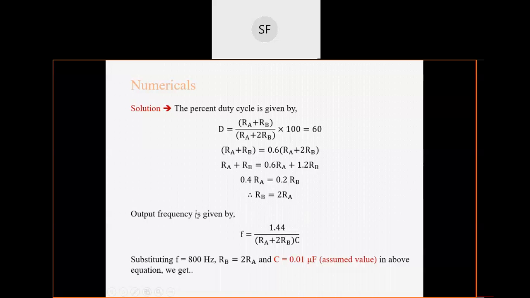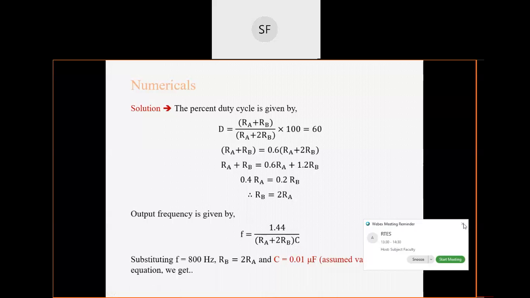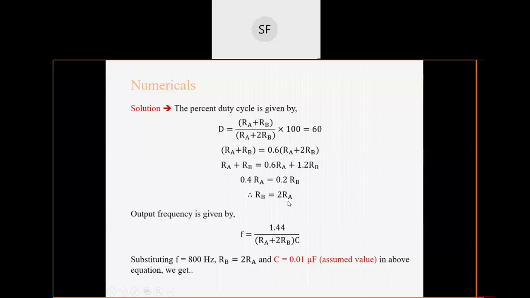Now we know the output frequency formula. It is 1.44 divided by (RA plus twice RB) into C. Frequency is also given in the numerical itself. So now which are the known parameters?